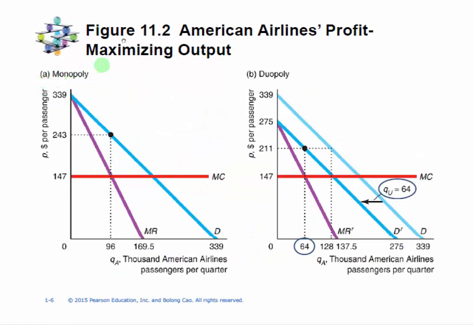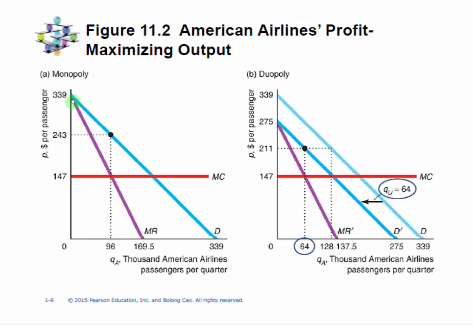In panel A of Figure 11.2, we first consider what will happen if American Airlines is the only supplier in this market, that is, American Airlines is the monopolist. And we assume a linear demand curve with an inverse demand function P equal to 339 minus Q, the total quantity.